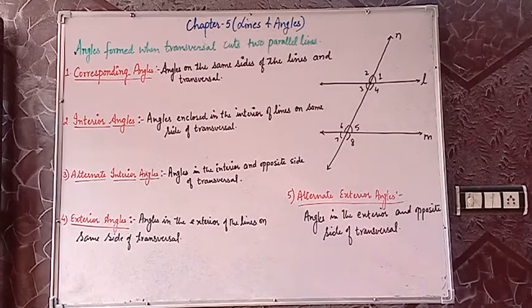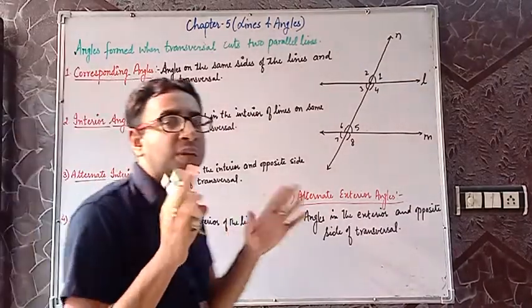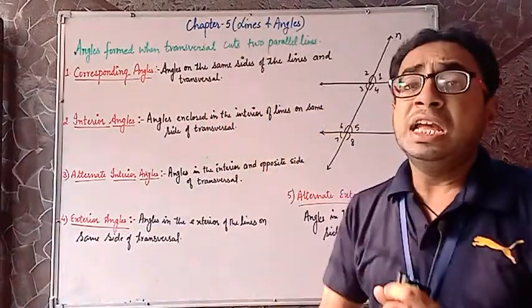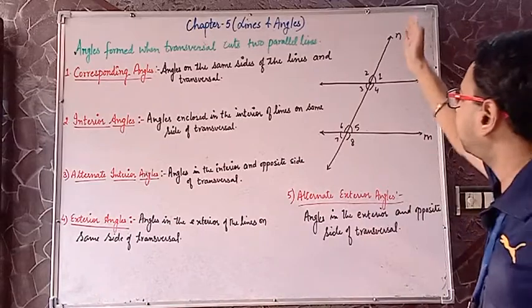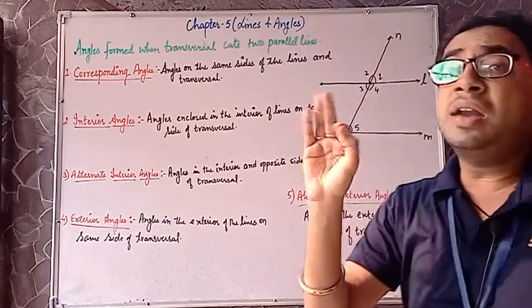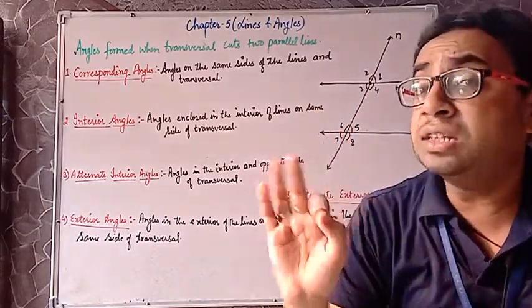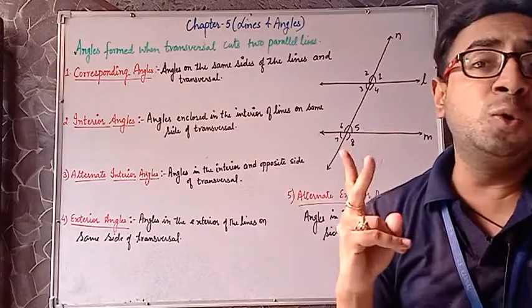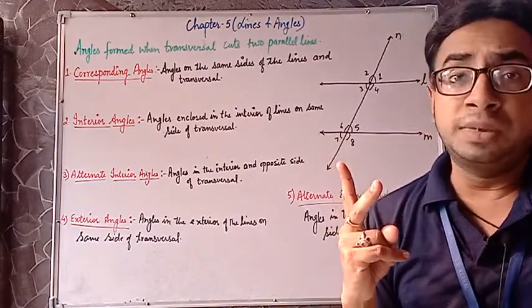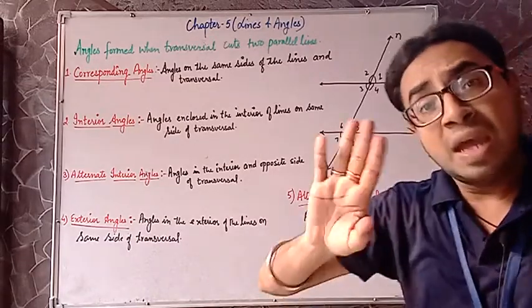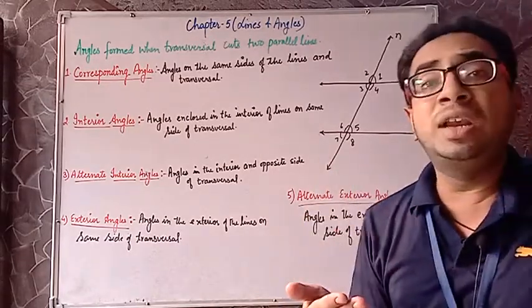Do remember, if any two lines or three lines, any number of lines are cut by a transversal, there are 8 angles formed in case of two lines. If two lines are there, 8 angles will be formed. If you increase the number of lines, 4 more angles will be added.